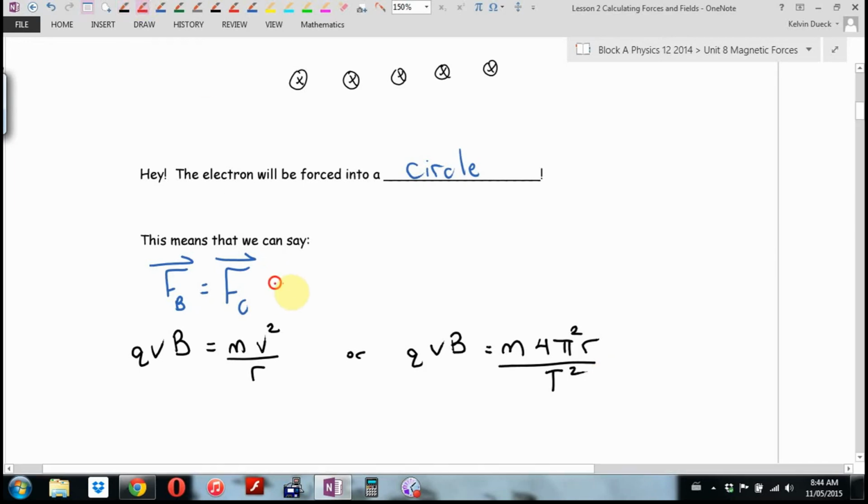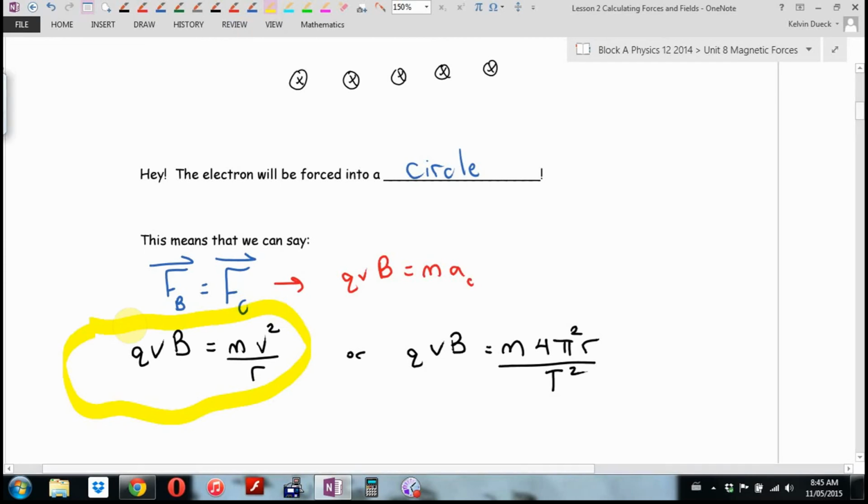Why does that work? Because we really said this: qvB equals m a_c, because force is ma, so centripetal force is m a_c, circular, centripetal. Now, this is the big one. In fact, we're not going to be using the one with the period in it in this particular unit.